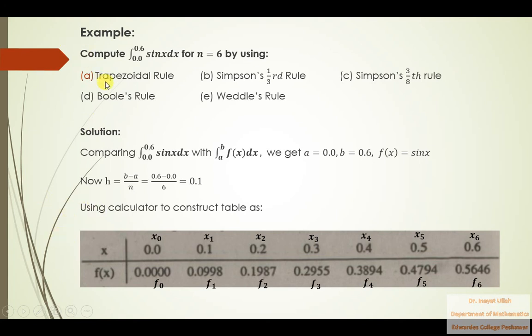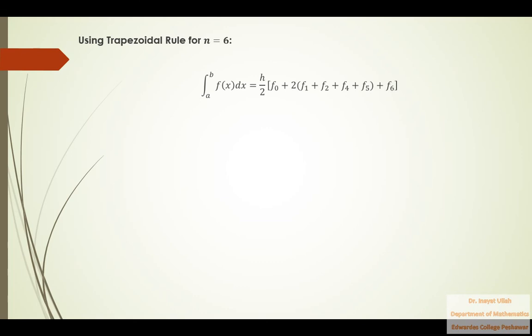Now first of all, we need to use trapezoidal rule to calculate this definite integral. And what is trapezoidal rule? That is for n is equal to 6. The value of n is 6 here. This is the formula. Integral from a to b f of x with respect to x is h by 2.